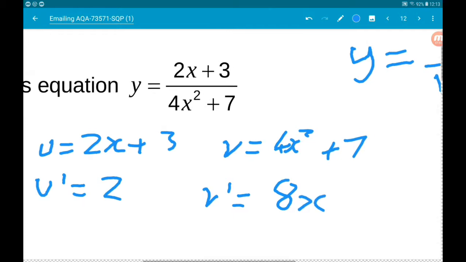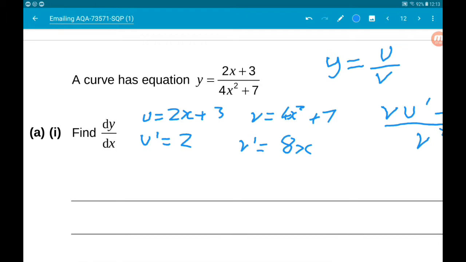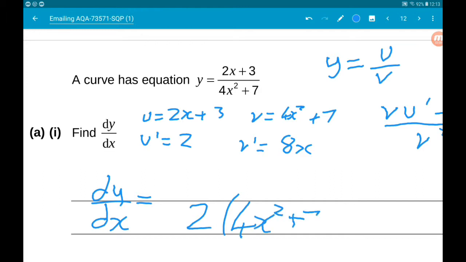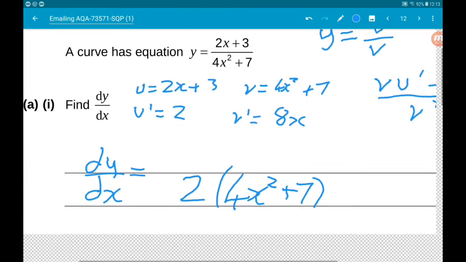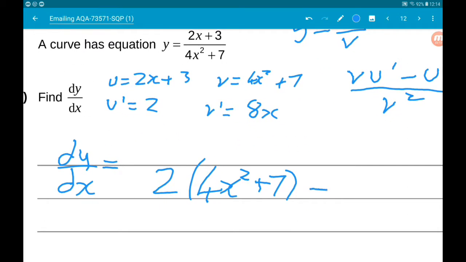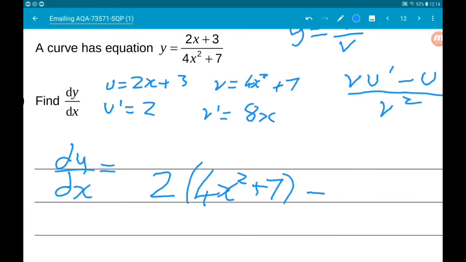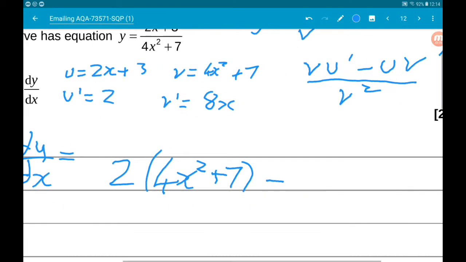So dy by dx then is equal to 4x squared add 7 times 2, so 2 lots of 4x squared add 7, minus 8x times 2x plus 3.